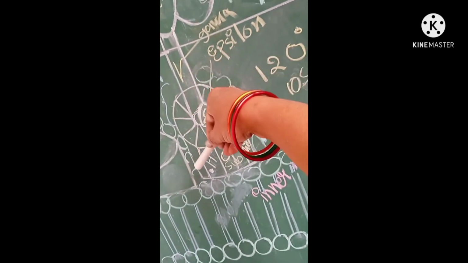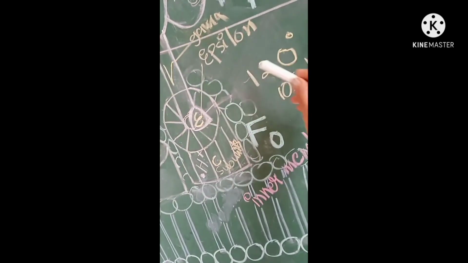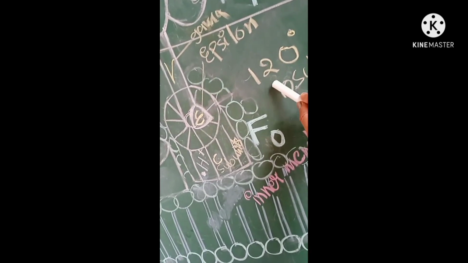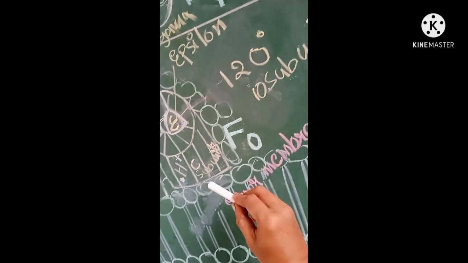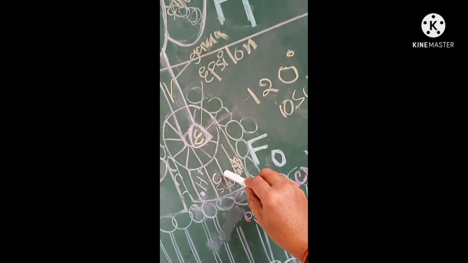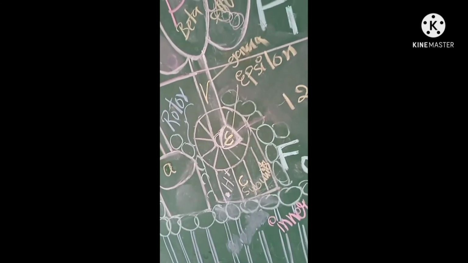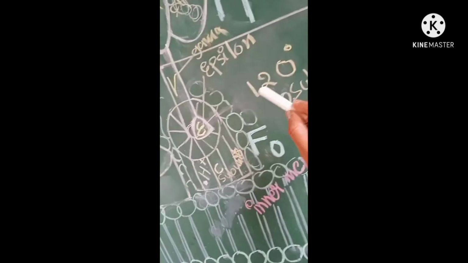One H plus ion binds to a C subunit, which causes the rotor-like motor to rotate 120 degrees. That H plus ion then exits to the intermediate space through the A subunit, which acts as an ion channel.